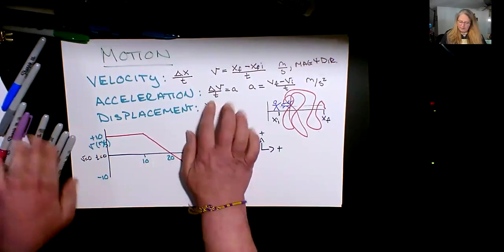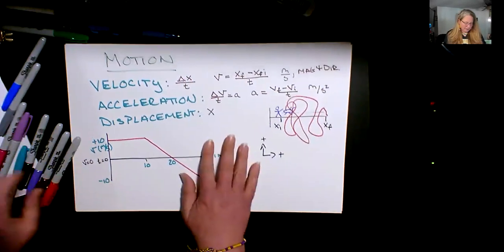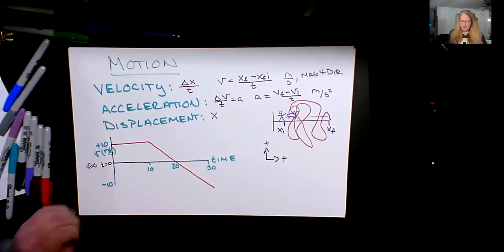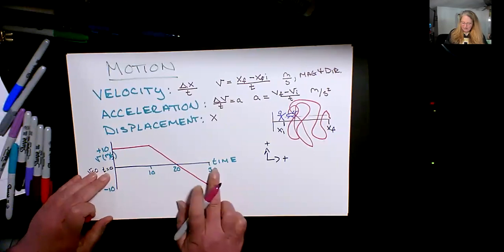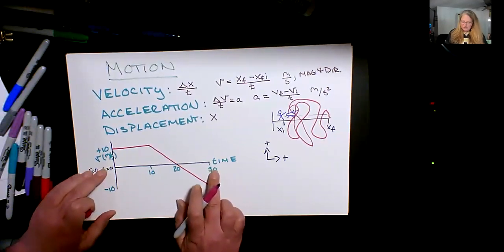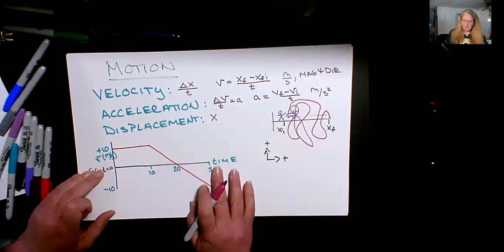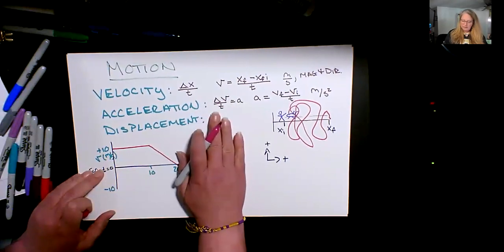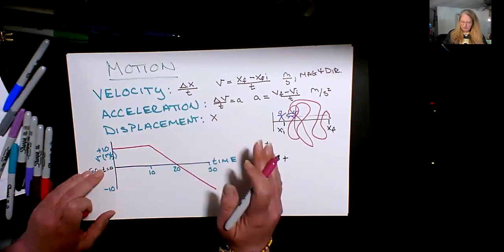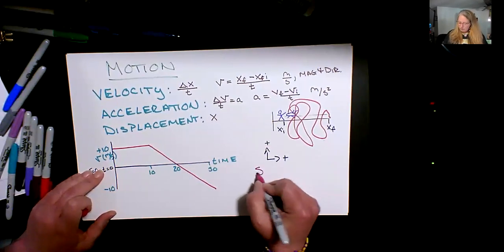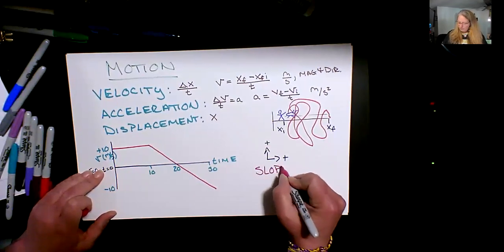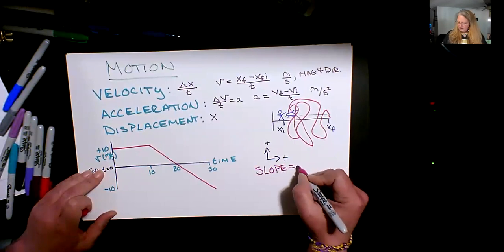So when I look at this, I'm like, okay, this is a velocity versus time graph. Because remember, slope equals, let's see, what is that?